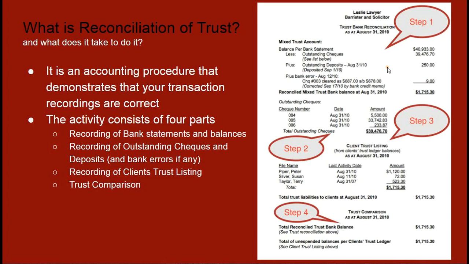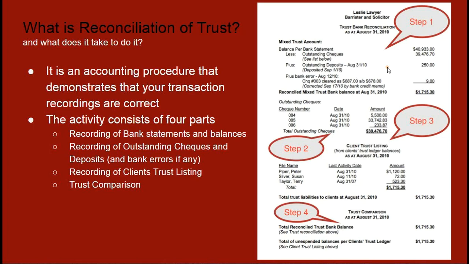The second piece of information that you need is a way of reflecting all the recorded outstanding checks and deposits and any bank errors that may have occurred during that time period.